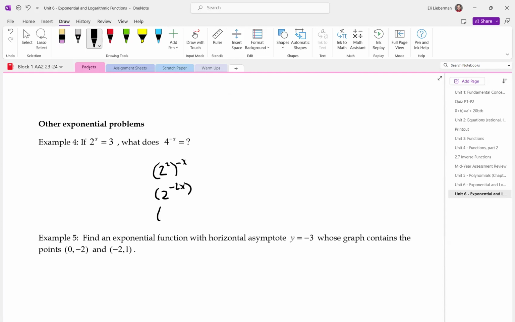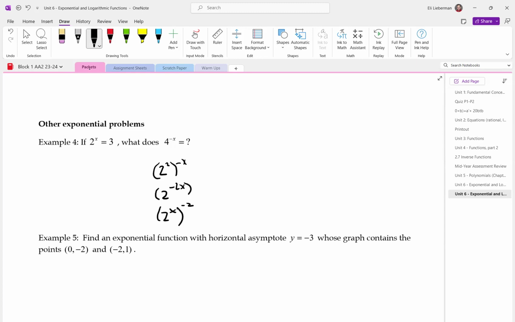I'm just going to play with this a little bit. So I have 2 to the x to the negative second power. Can we agree that all those are equivalent? This is a negative second power. So all I'm going to do is take the first equation and do what to both sides?